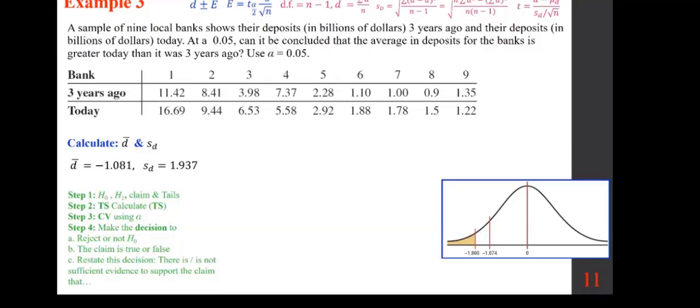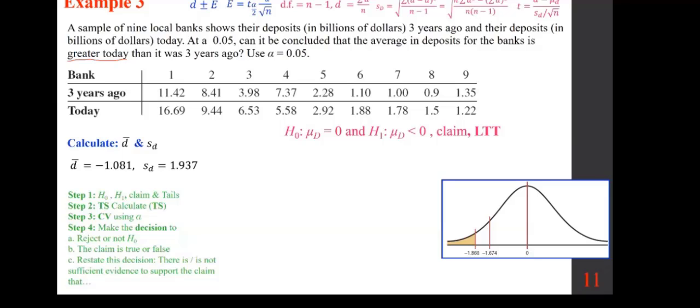So with that being the case, we want to see if this is greater. You can say that 3 years ago was less, so mu sub d is less than 0. Left tail test. Let me be clear how we arrive at that. You have two choices. If you subtract the third from the second, it becomes a left tail test. If you subtract the other way around, the second from the third, it becomes greater than.